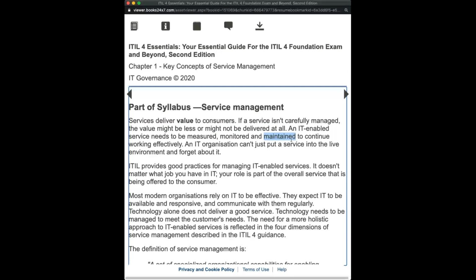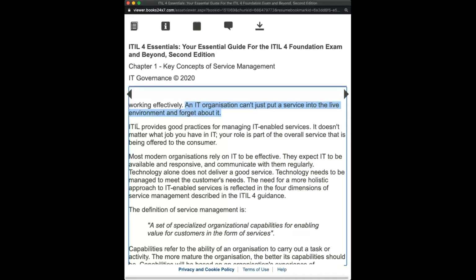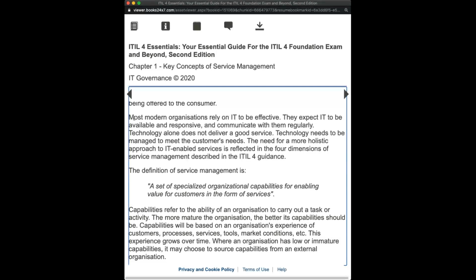You do want to maintain your IT services to make sure it's up and running, at capacity, and available to continue working effectively. An IT organization can't just put a service into the live environment and forget about it, which I've mentioned. So ITIL provides good practices for managing IT-enabled services. It doesn't matter what job you have in IT, your role is part of the overall service being offered to the consumers. Okay, pretty straightforward.